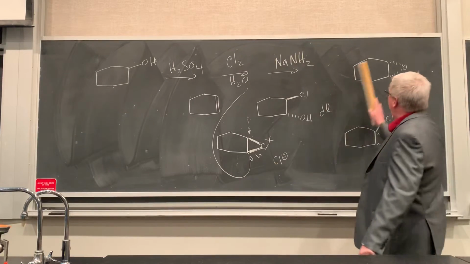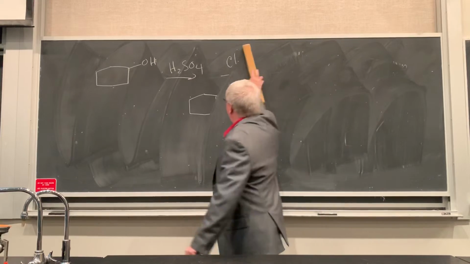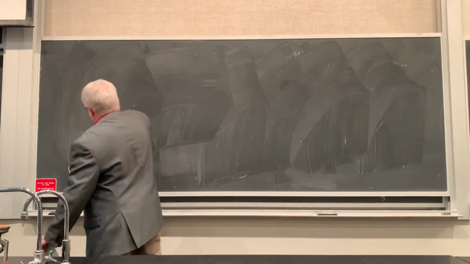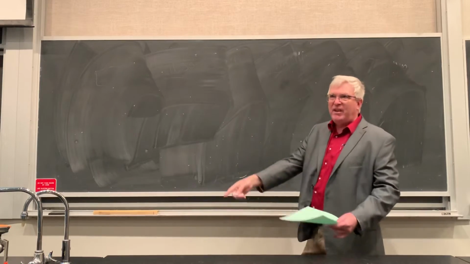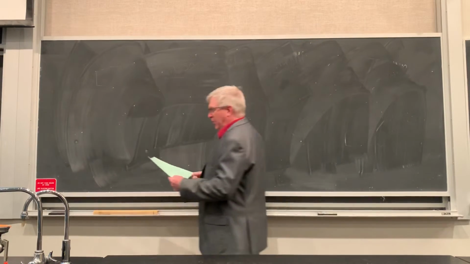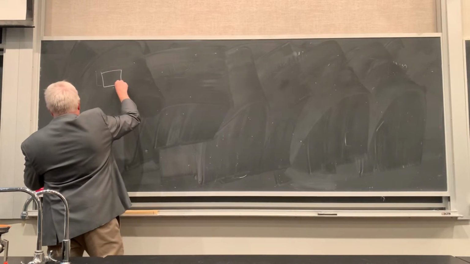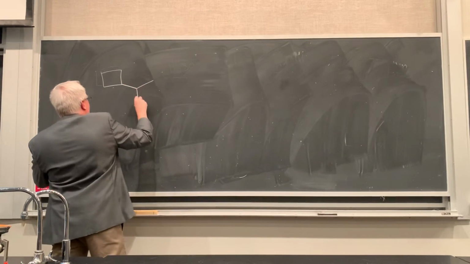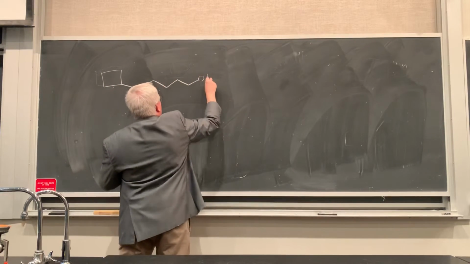You can ask mechanism problems in multiple choice format. We'll give you a couple different choices for the next step, or how the electrons are pushed to form this next intermediate. I like this problem because it gives you the opportunity to really test your ability to follow what's going on here.